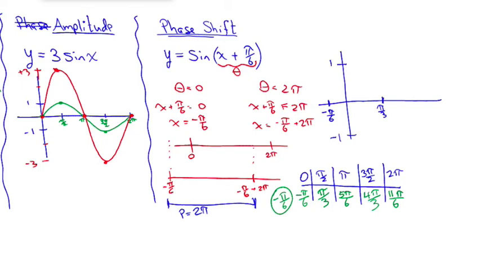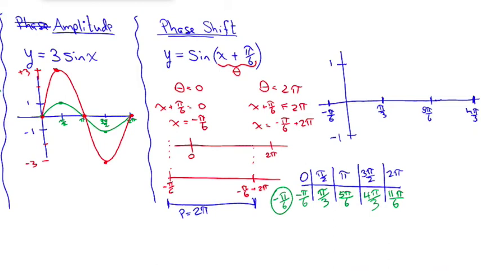So wherever you put pi over 3, keep that length exactly the same and just move it out. I'm going to run out of board. If I keep it the same length, then this would be 5 pi over 6. And if I could do it one more time, that would be 4 pi over 3, and so forth.